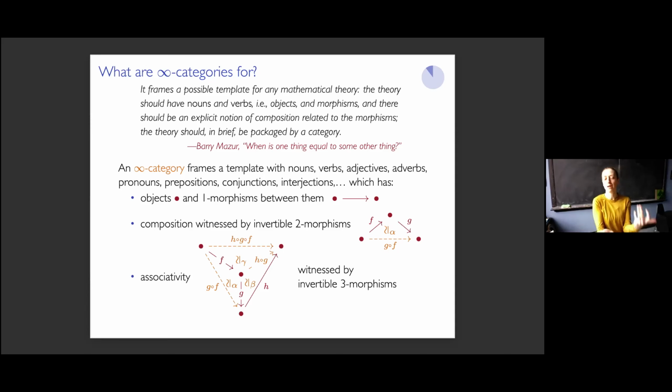And then when we're talking about three composable morphisms, so say an F, a G, and an H, then in an infinity category, there will necessarily be an invertible two morphism that witnesses a particular composite arrow.